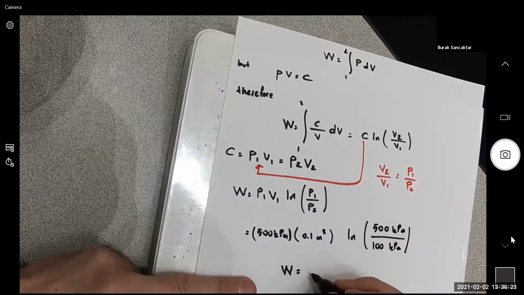Work equals 80.5 kilopascal times meter cube.